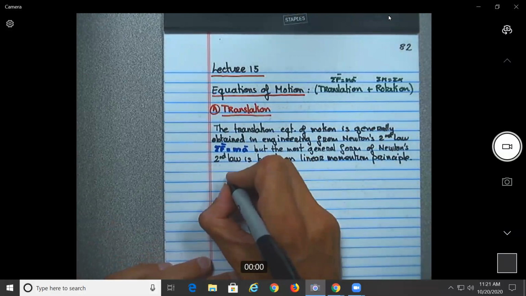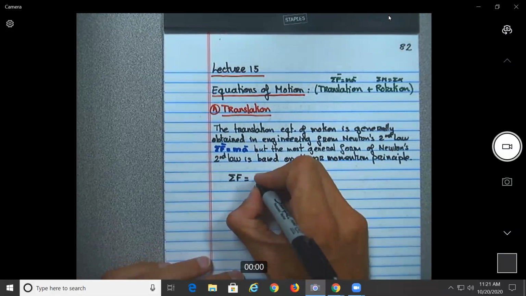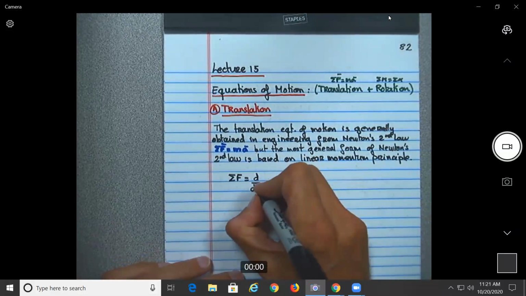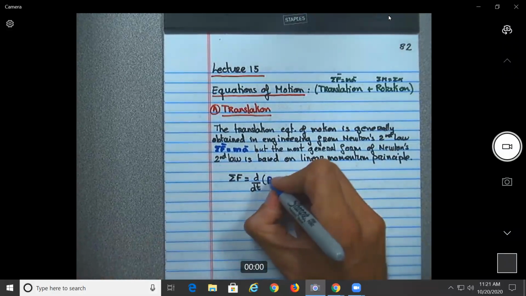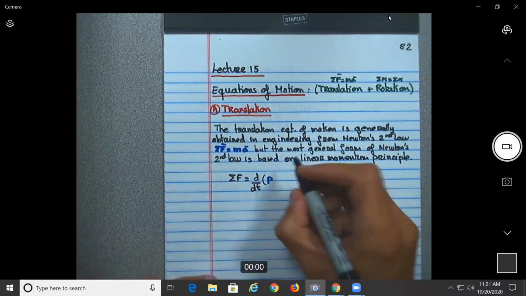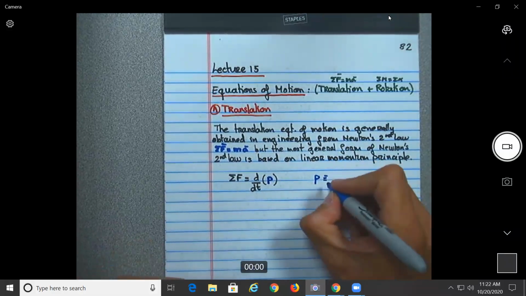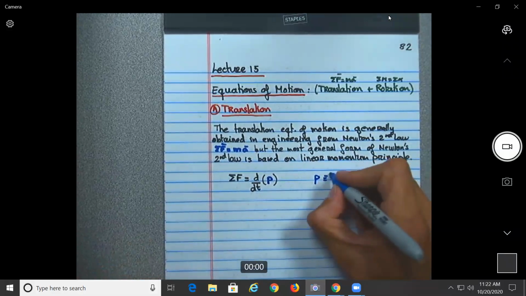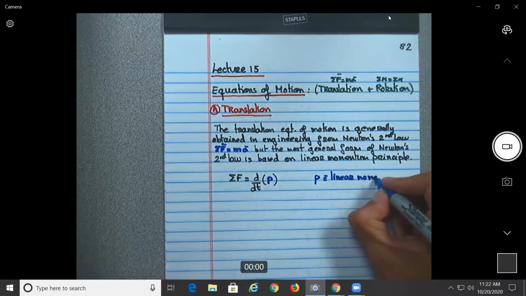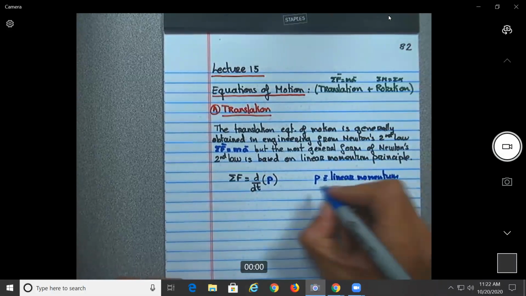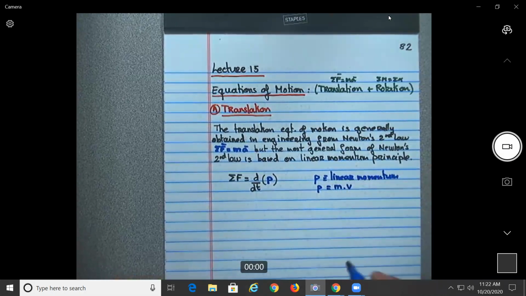It is summation of forces, and this is the way generally you study in physics, d/dt of a quantity called P, where P in here is the linear momentum. Okay, and P, what is momentum, is m times velocity.